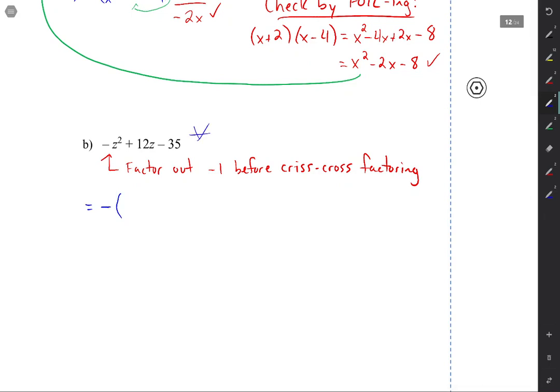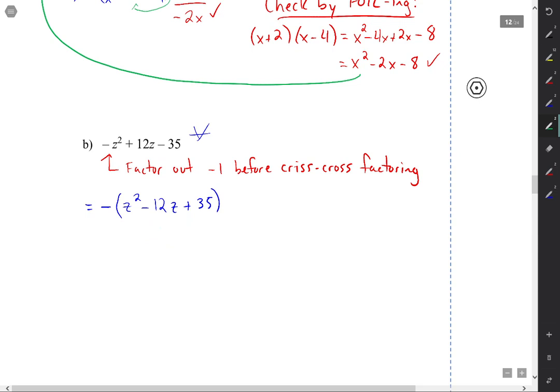Now there's a little bit of a shortcut we can use when we factor out a negative sign. It's going to change every single one of the signs we have in here to be the opposite. So instead of having negative z squared, we're going to have z squared inside the bracket. Then we'll have negative 12z and then plus 35.